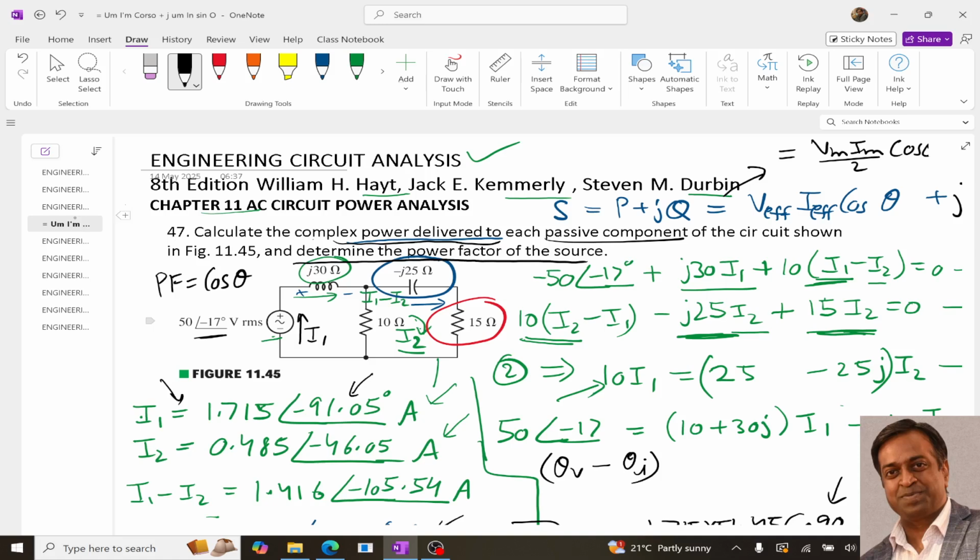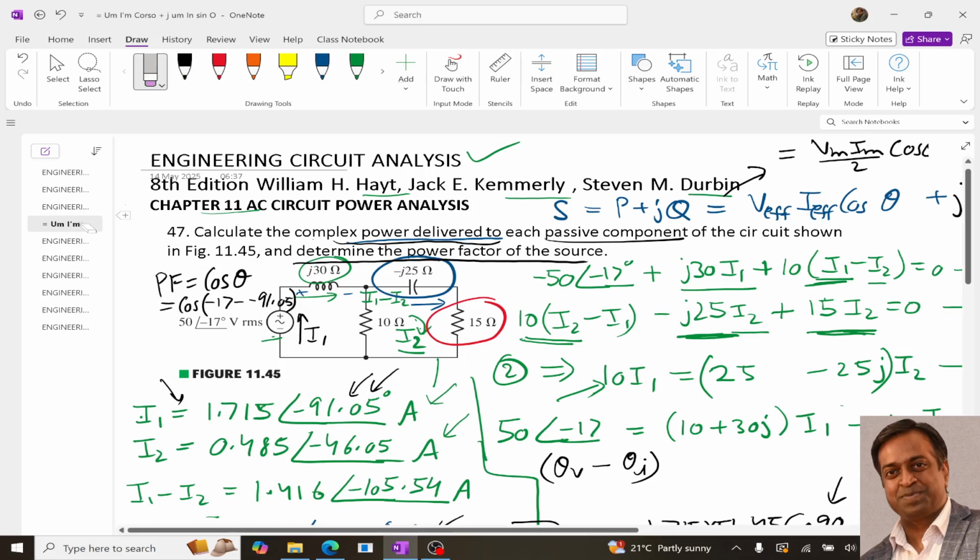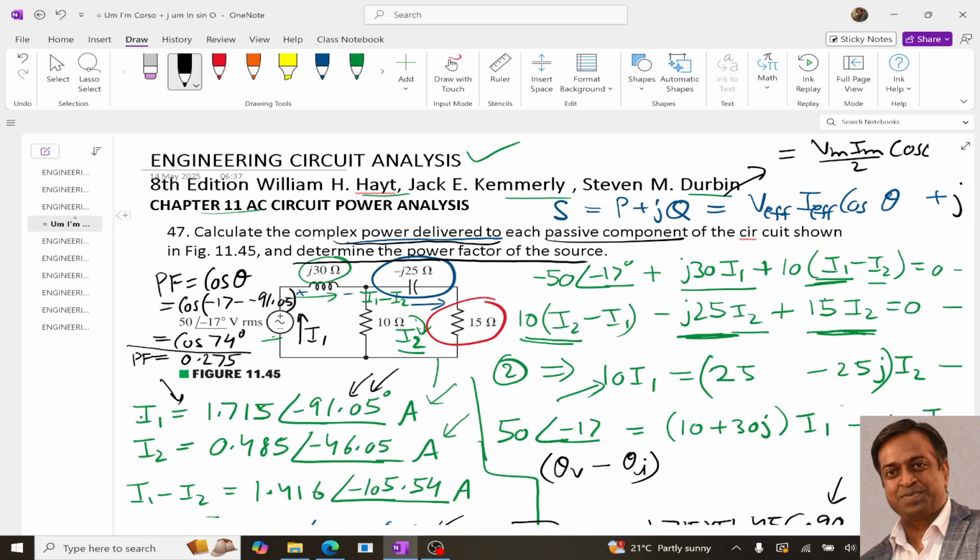So we will write it as cos theta, so it is minus 17 minus 91, right? So we will get this as cos 74 degree, and cos 74 you will find. So this is our power factor, the answer to the second part of the question.